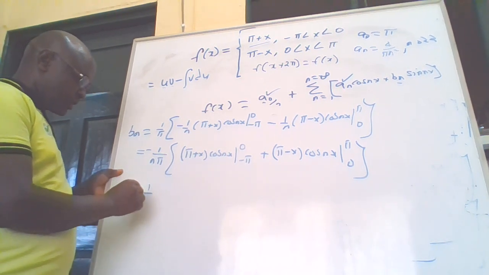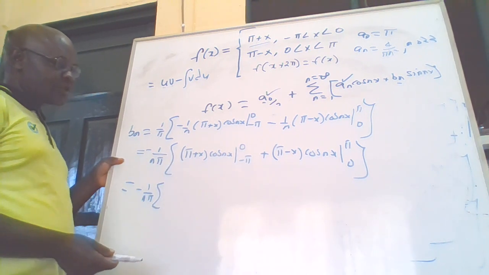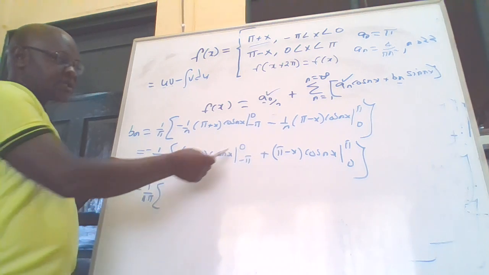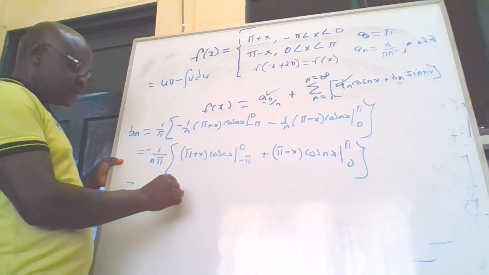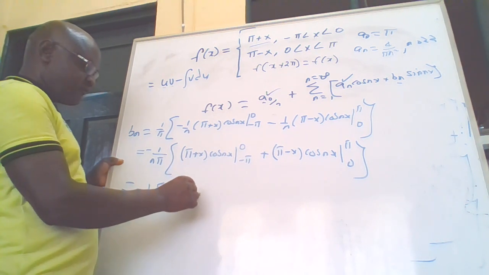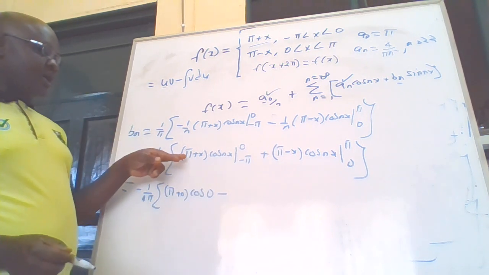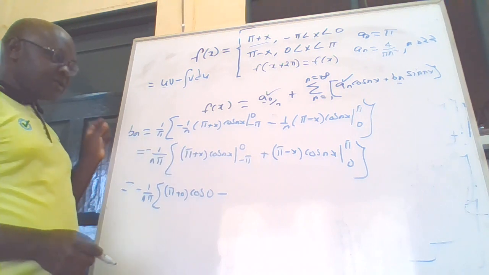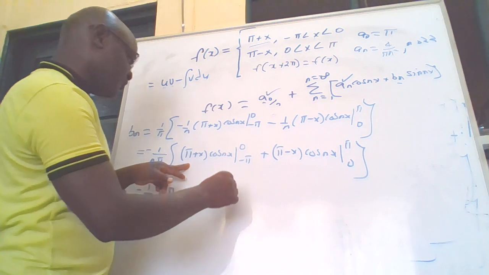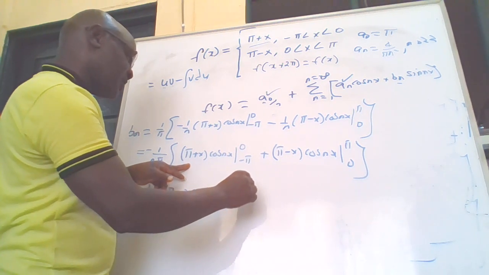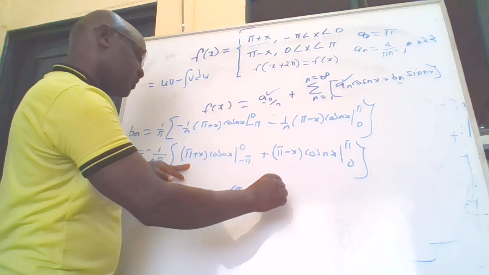So minus 1 over n pi, now we substitute with the limits. Where there is x, start with the upper limit, so here I'll have pi plus 0, then I have cos 0, minus, now here you have pi plus minus pi, so you have minus, and then you have pi minus pi cos negative n pi.